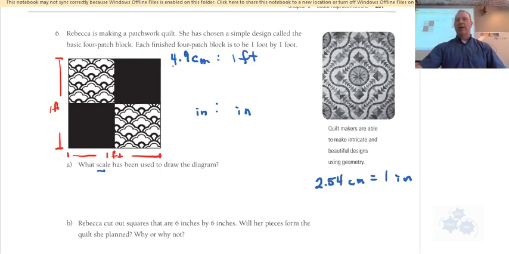So if we've got 4.9 centimeters, what we do is we divide by 2.54 centimeters per inch. So what is 4.9 divided by 2.54? Somebody do that on your calculator. It's 1.92. Sorry? 1.929? Yeah, 1.93. Okay.